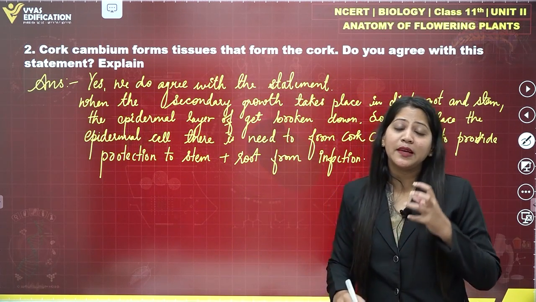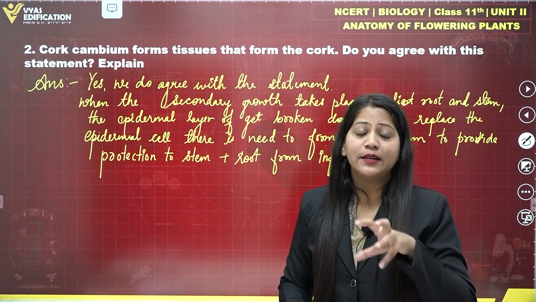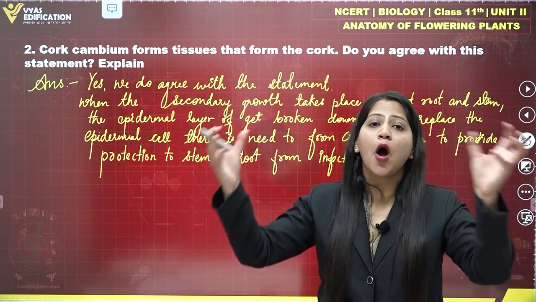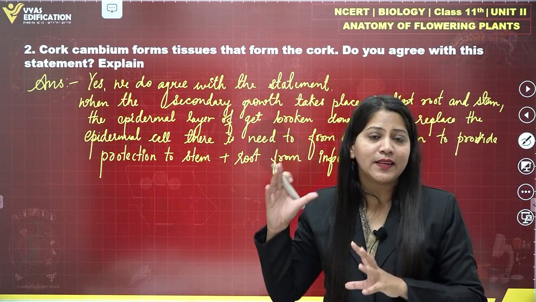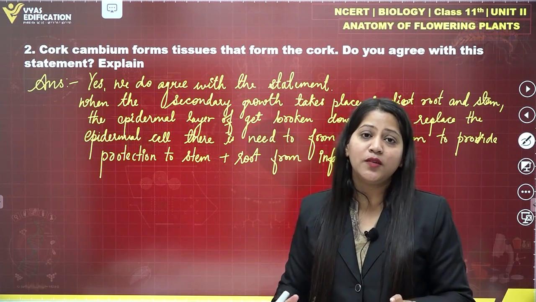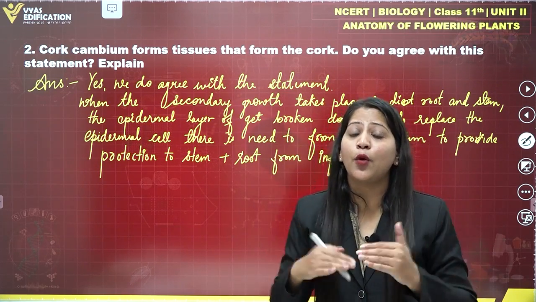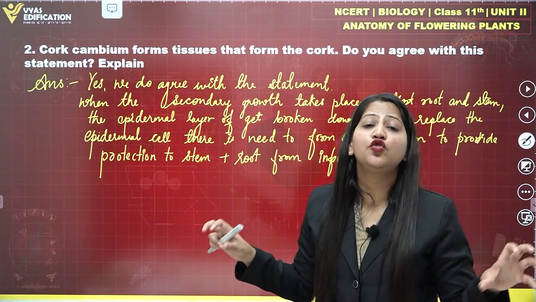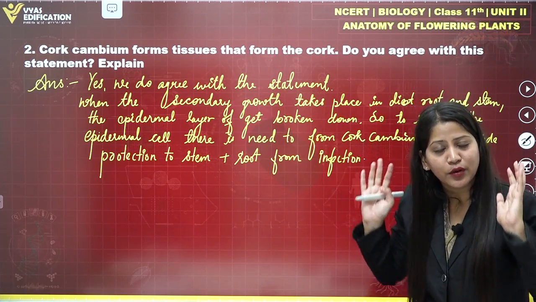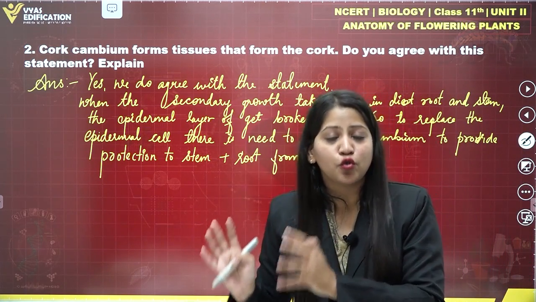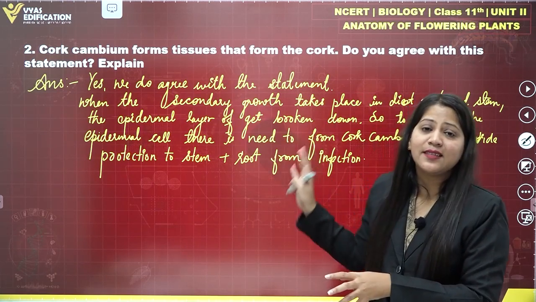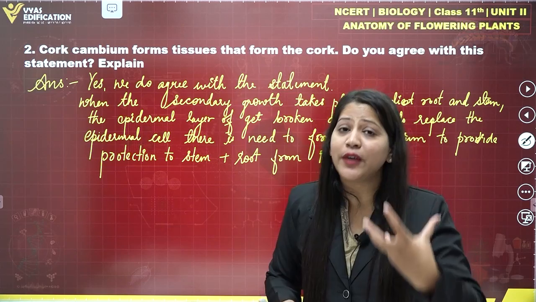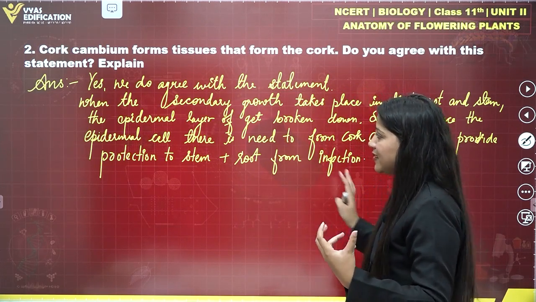This is going to form to provide protection to stem and roots from infection, because during the secondary growth in dicot stem and roots, the epidermal layer gets broken down. All the cells in the epidermal layer get destroyed. That is why, to provide protection to the stem and root of dicot plants, there is a need to form cork cambium, a special kind of tissue which provides protection to them. Right? So this is the purpose.